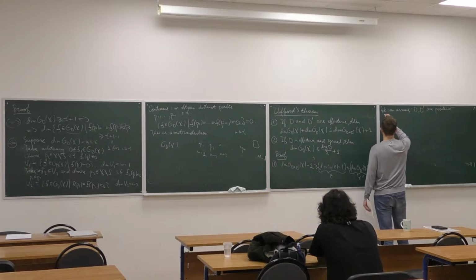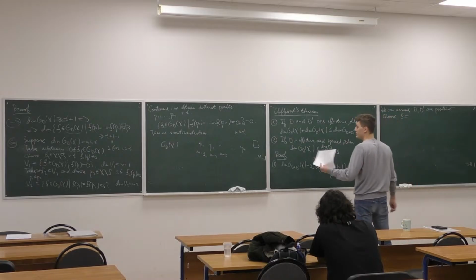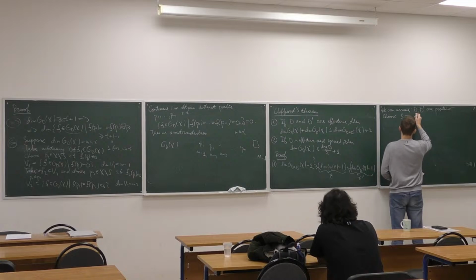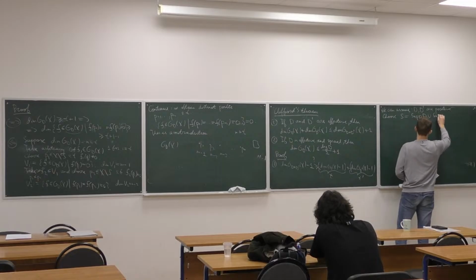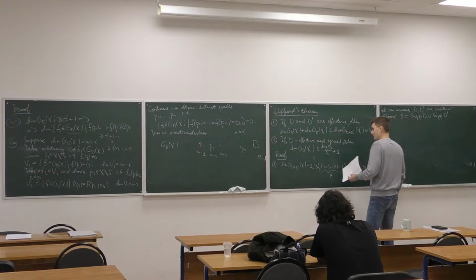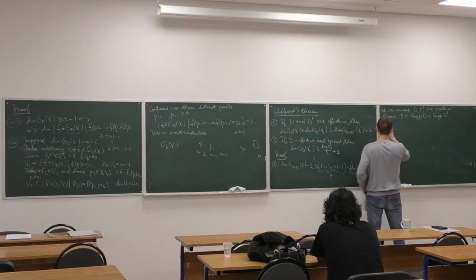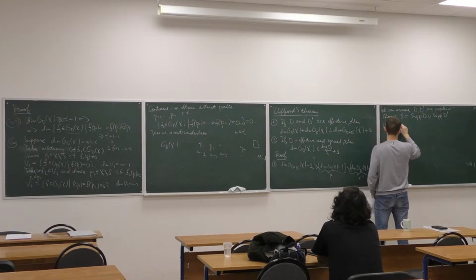Okay, then choose S, because we want to use the lemma that we have just proved, and in this lemma we had this finite set. Okay, and then this will be just the support of D union the support of D prime. Okay, then we use the lemma that we have just proved.